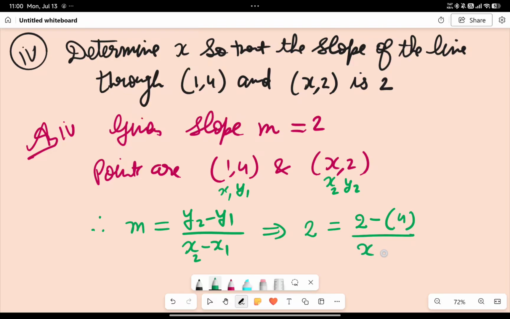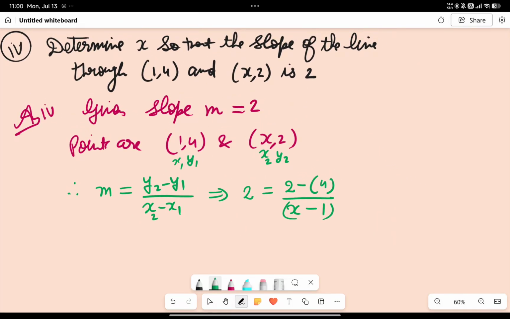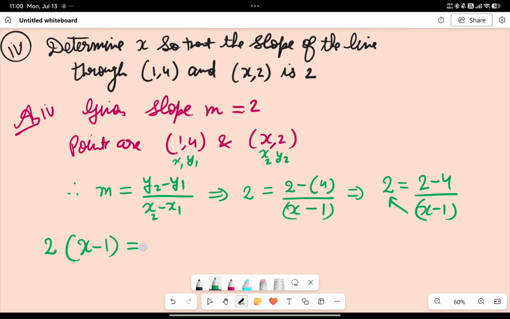This is x. And what is x1? That is 1. Use brackets. Now in the next step, you can write 2 equals 2 minus 4 over x minus 1. In the next step, this 2 will get multiplied, means it will go here in the cross. X minus 1 equals 2 minus 4 is minus 2.